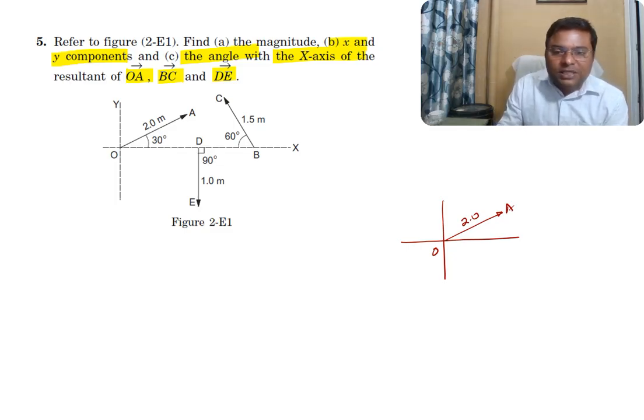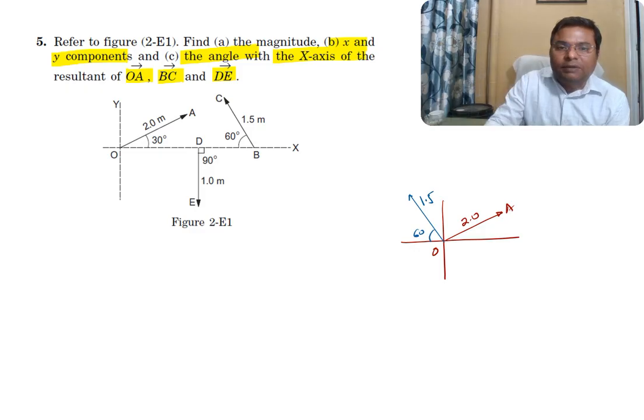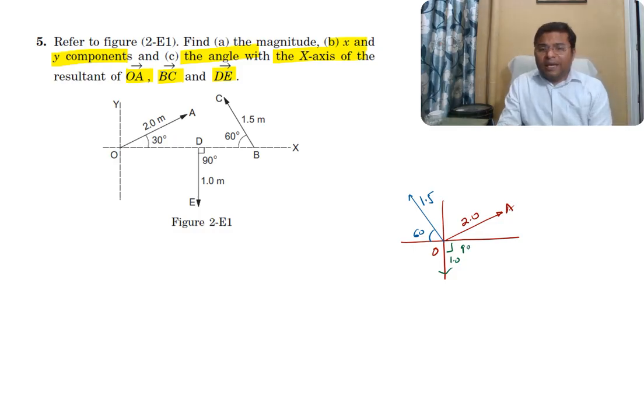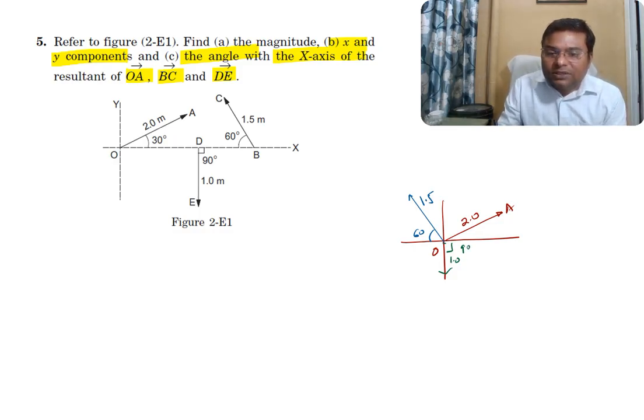BC is parallel transferred to the common point O. So this is BC, 1.5, and the angle is equal to 60 degrees. Now vector E we can write again here. So this is vector E, the angle is 90 degrees and its magnitude is 1 meter. So we parallel transfer the vectors to the common point, the origin O.